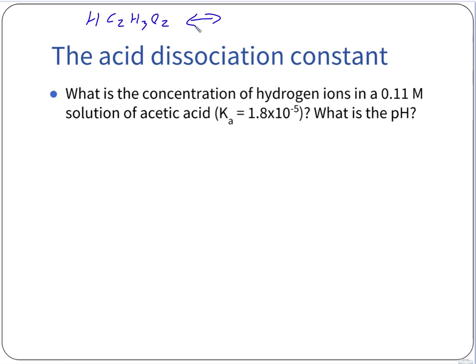It's not one of the 6 that we talked about that are the strong acids, and so this is going to be an equilibrium reaction. H plus ions plus our acetate ions, C2H3O2 minus, right there.